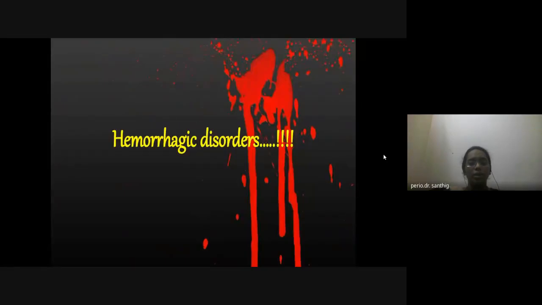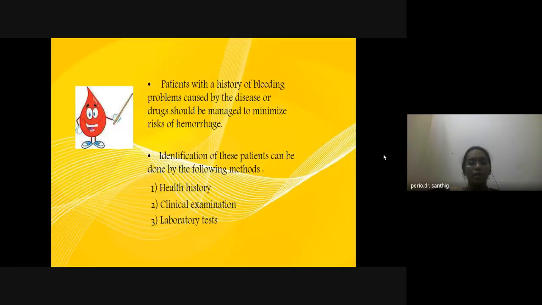Coming to the hemorrhagic disorders, patients with a history of bleeding problems caused by the disease or drugs should be managed to minimize the risks of hemorrhage.